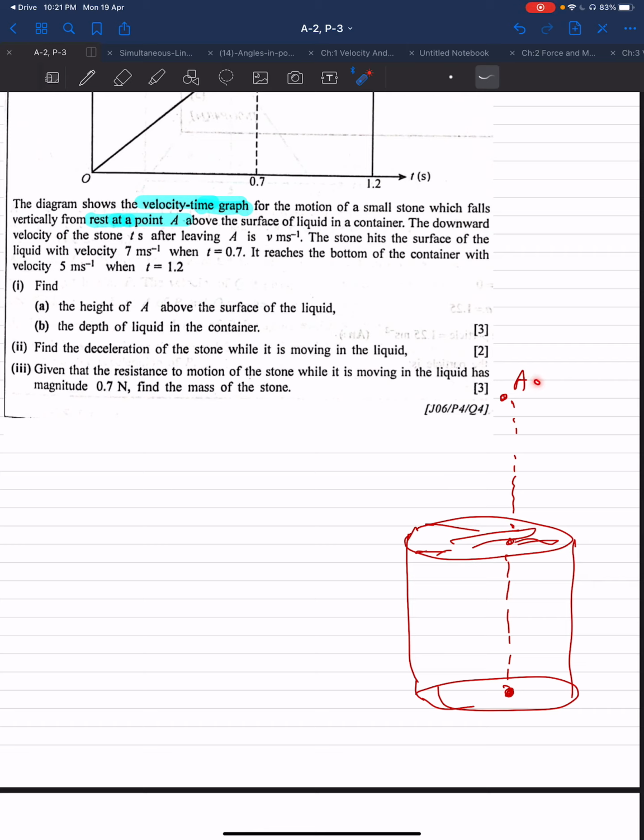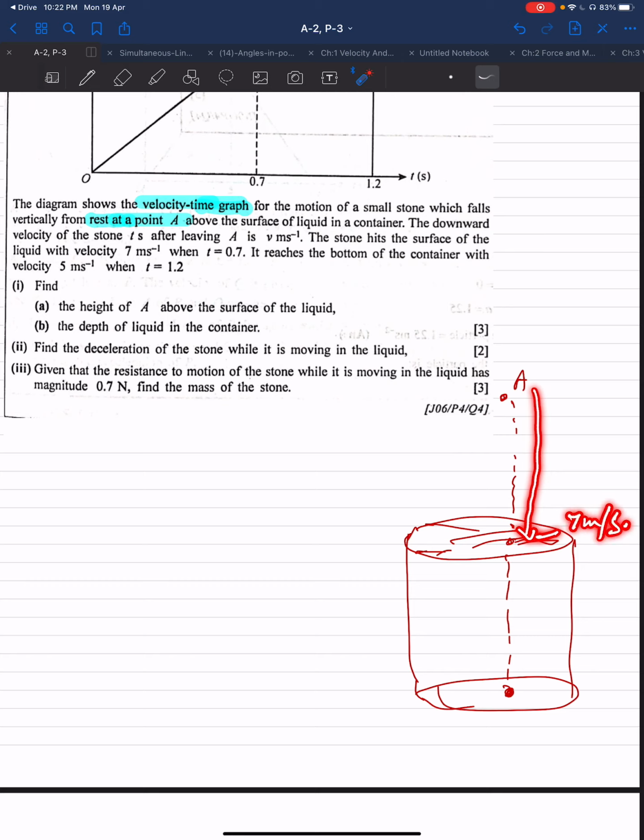That means velocity starts from here and it was at rest at this point, and then the stone hits the surface of the liquid with velocity 7 meter per second. That means it started from rest, and when it reaches the surface, the velocity becomes 7 meter per second.